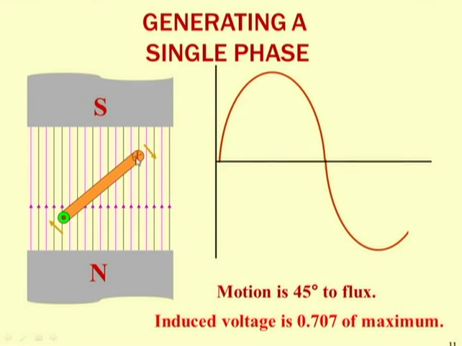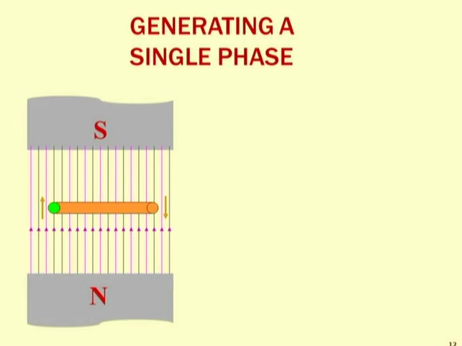And now there will be a point when the conductor will again be in a horizontal position, or more precisely we can say that it is perpendicular to the line of flux. So now see, in this case the conductor is again in this position.